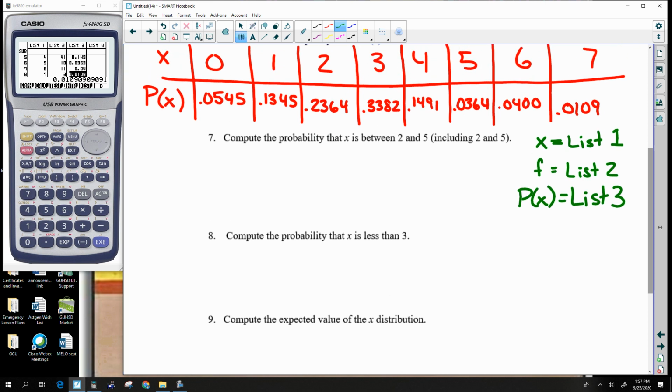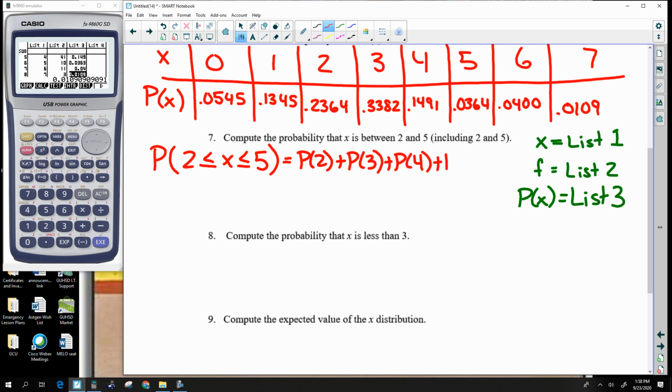Okay, next will come a few problems about the range of somethings. So this is the probability that it's between 2 and 5, including 2 and 5. So that would be the probabilities of 2, 3, 4, and 5.